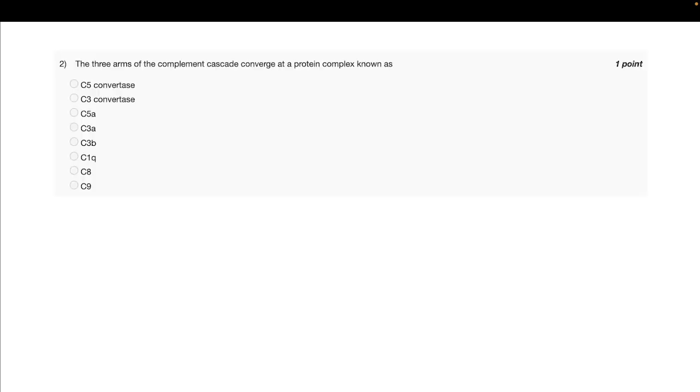Okay, so the next question is, the three arms of complement cascade converge at a protein complex known as? Any guesses? Does anybody know the answer? Option 2, that is C3 convertase. Okay, thanks for answering.